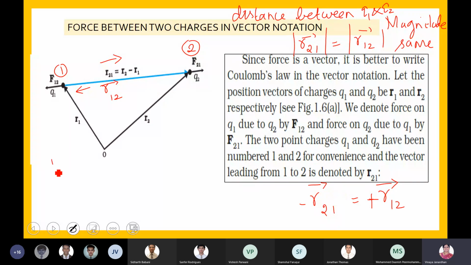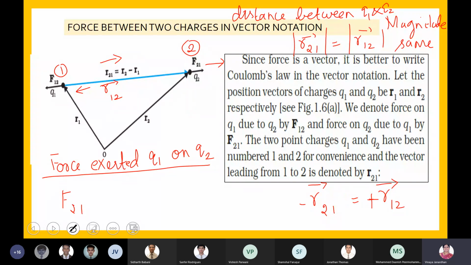Now, the force exerted by Q1 on Q2, we'll write that as F21, because Q1 exerts a force of repulsion on Q2 and Q2 tries to move towards the right because it's a force of repulsion.